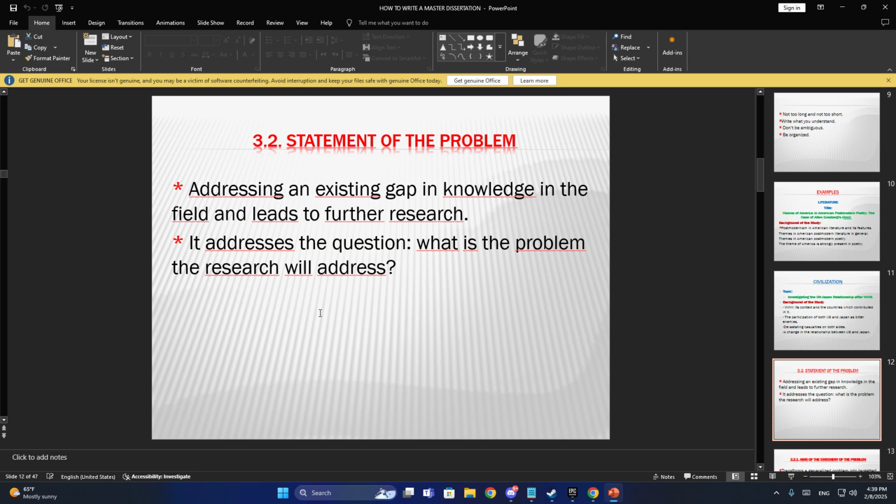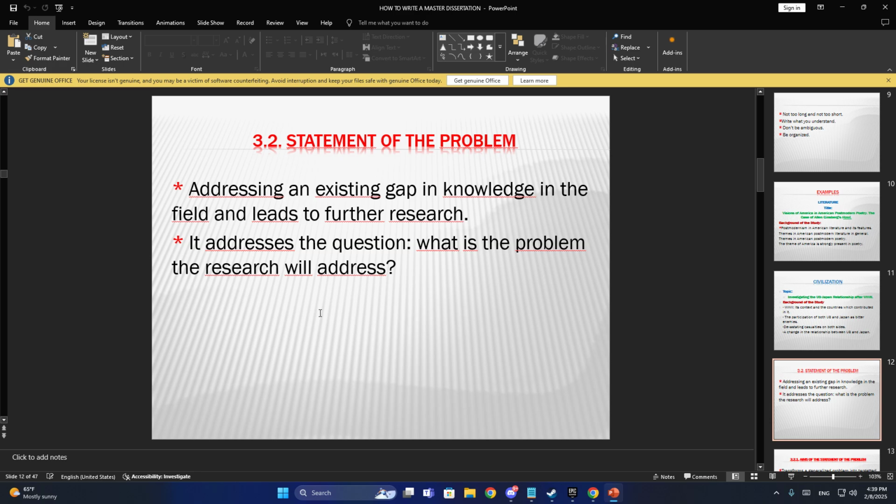Either it's a question of a gap, or a point you would like to highlight, or you would like to prove something. So it depends on the gap or what you have noticed in your background of the study that needs attention, that needs treatment, and needs, of course, solutions or suggestions for solutions.